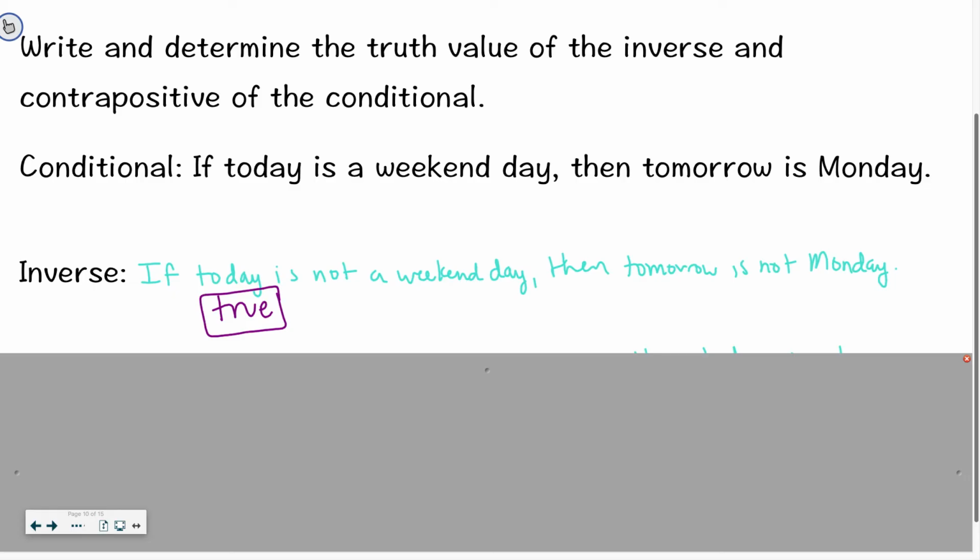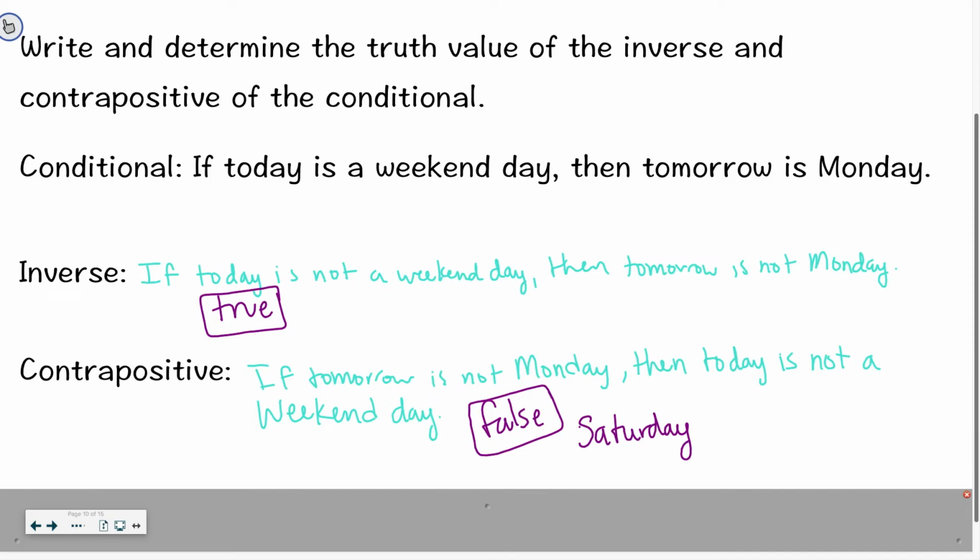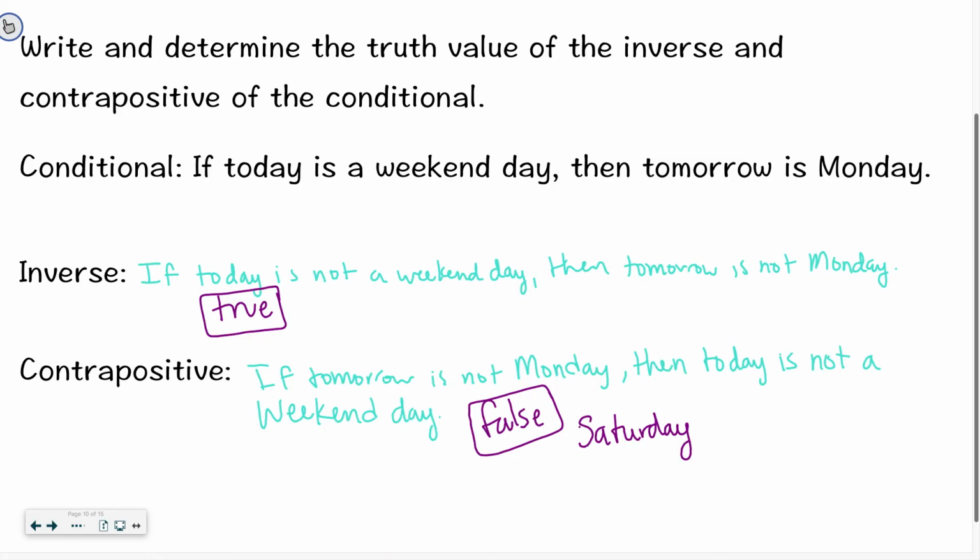That would be true. And the contrapositive would be, if tomorrow is not Monday, then today is not a weekend day. And that would be false, because if it's Saturday, that's another weekend day, and the next day is not Monday. So Saturday would be my counterexample.